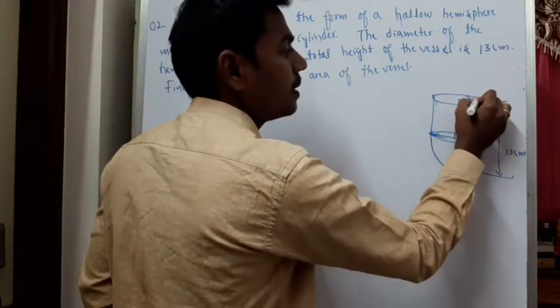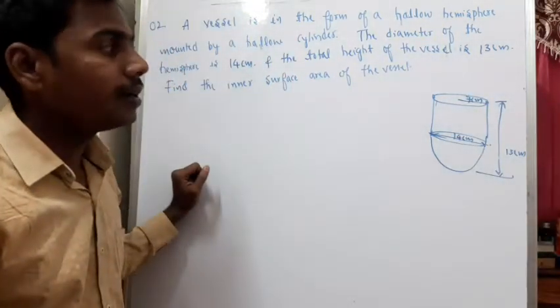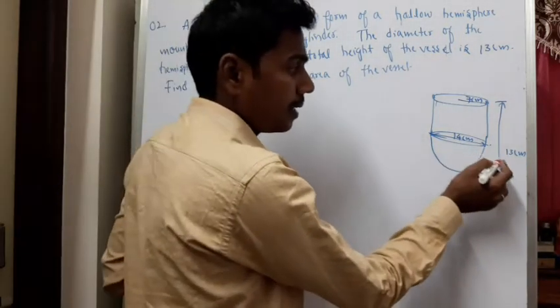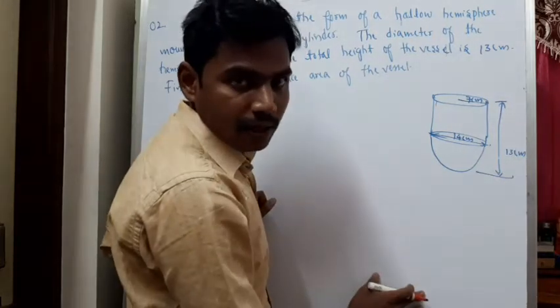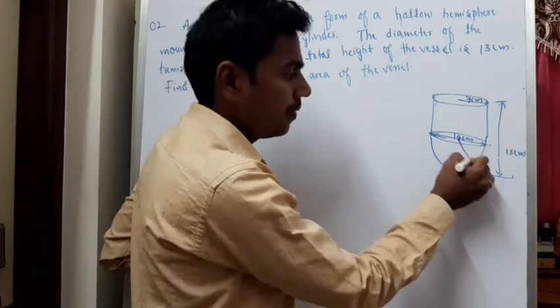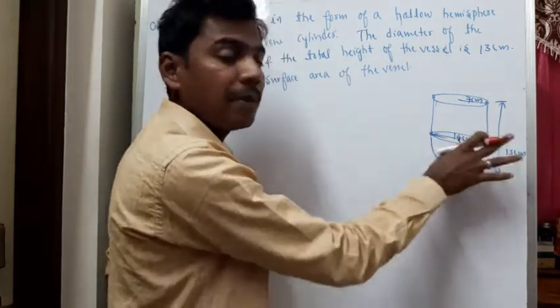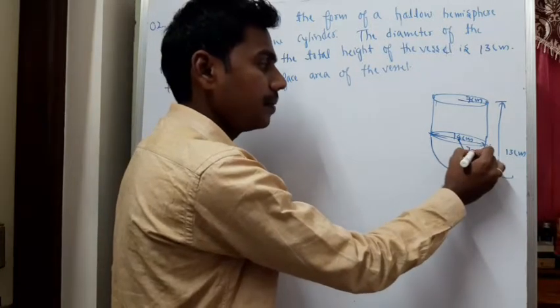Radius will be equal to 7 centimeter. Now if total height is 13 centimeter, this will be radius. Radius is equal to 7 centimeter because diameter is 14 centimeter.